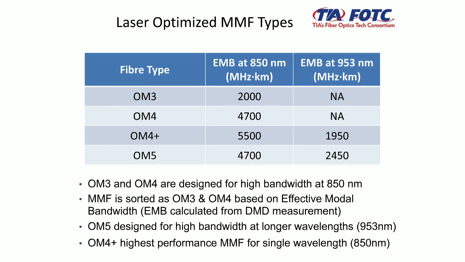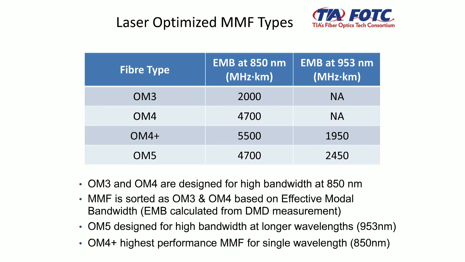And then we have an additional metric that really only applies to these higher types of fiber, the OM4+ and OM5 specifically, out at 953, where at least in the specification, I have to have at least 2,000 megahertz kilometer. And at 850, OM4 fiber is 5,500, OM5 fiber is 4,700.